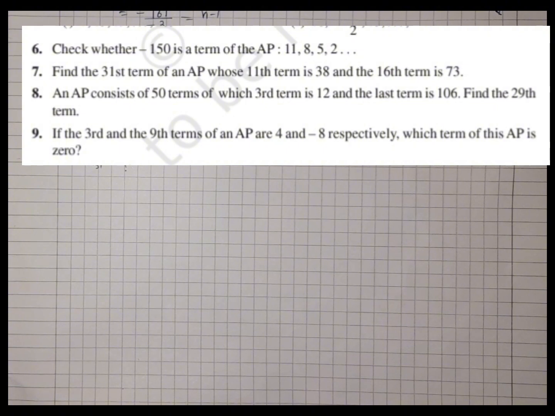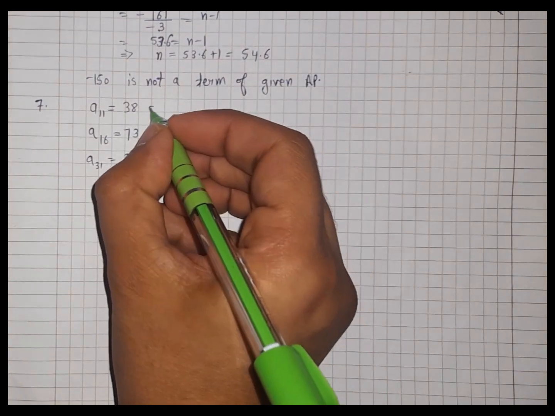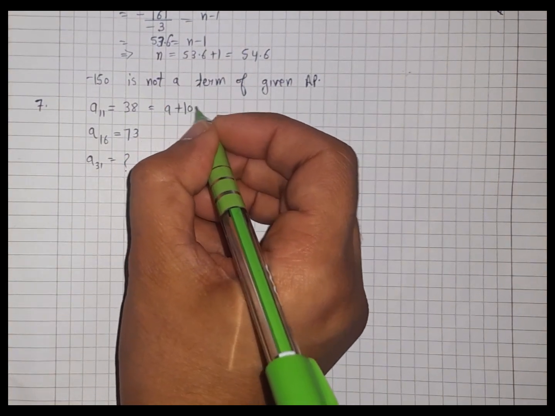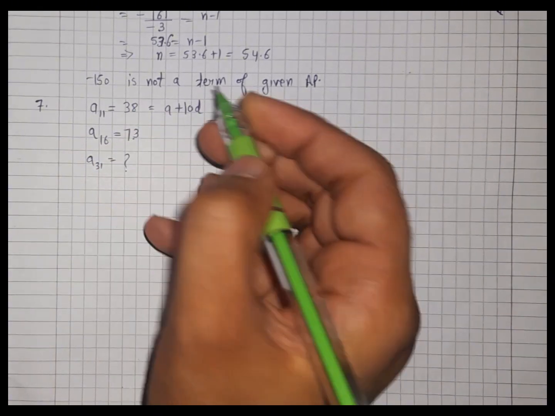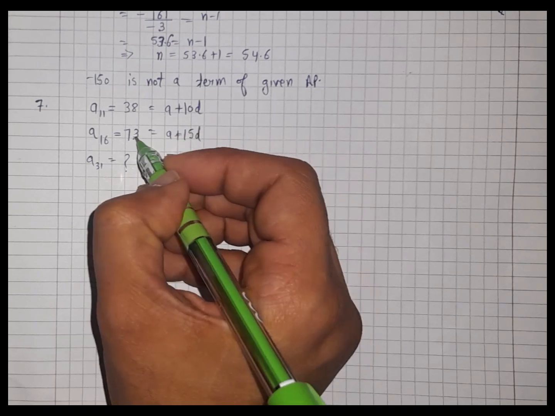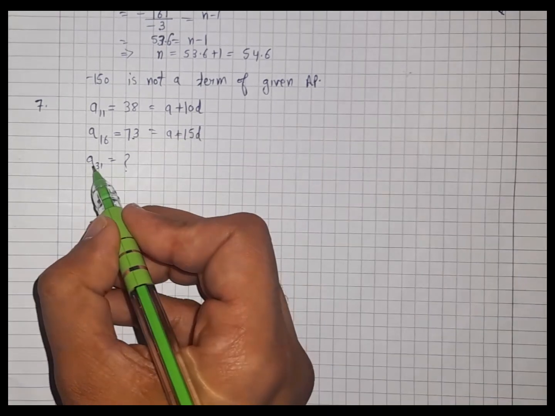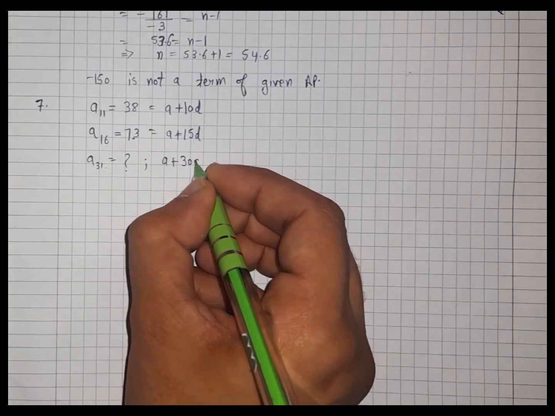Seventh question, find the 31st term of the AP whose 11th term is 38 and 16th term is 73. So the 11th term is 38 implies a plus 10d equals 38 by the nth term formula, and a16, that is a plus 15d, equals 73. We need to find a31, that is a plus 30d.